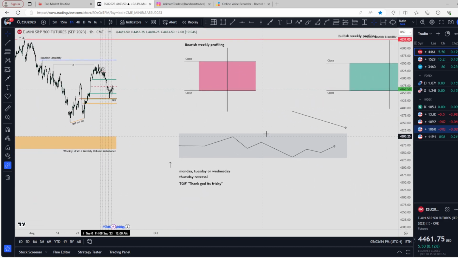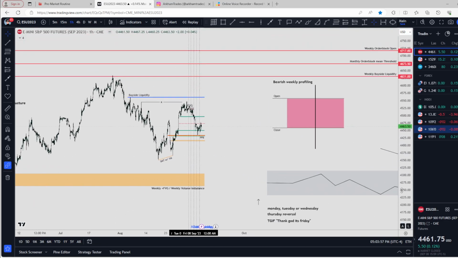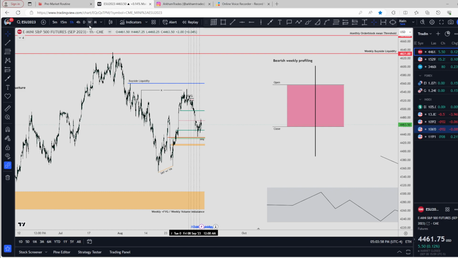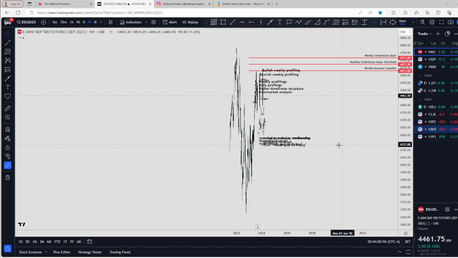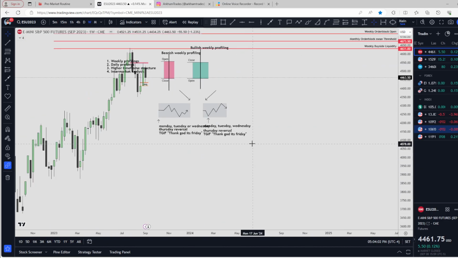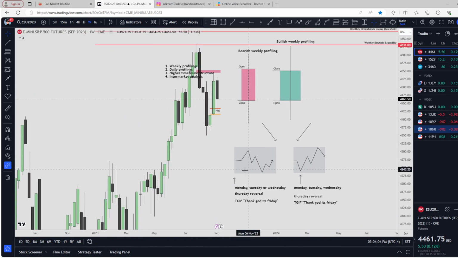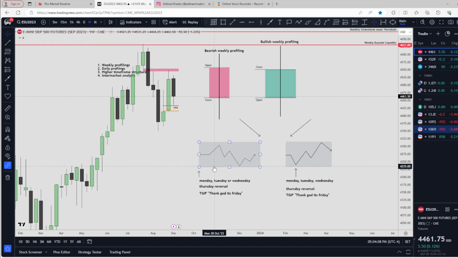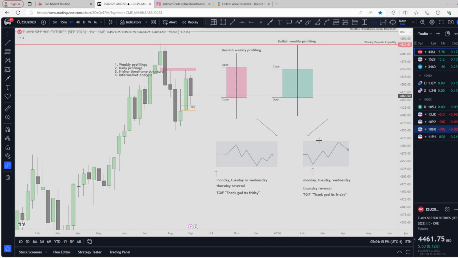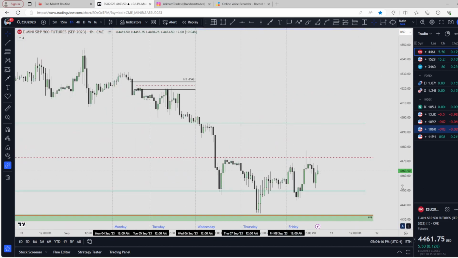So this overall was a bearish week. And when we have a bearish week, when we create a high and we keep going lower, we could see a potential pullback or a bullish reaction on Friday, which coming into our market, that was my anticipation.